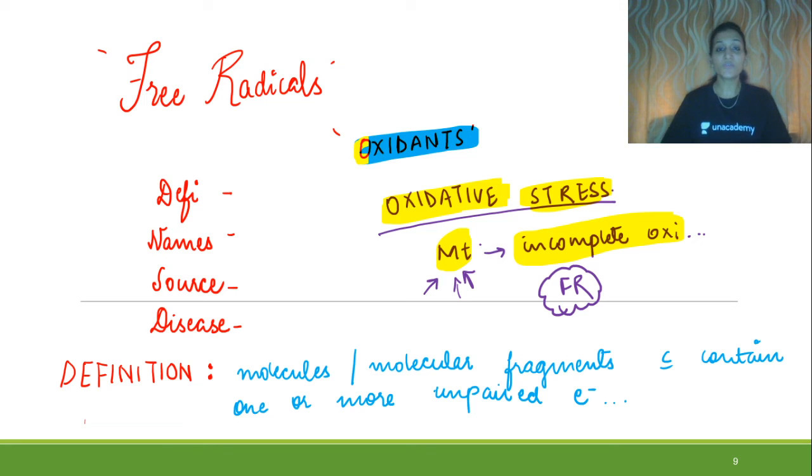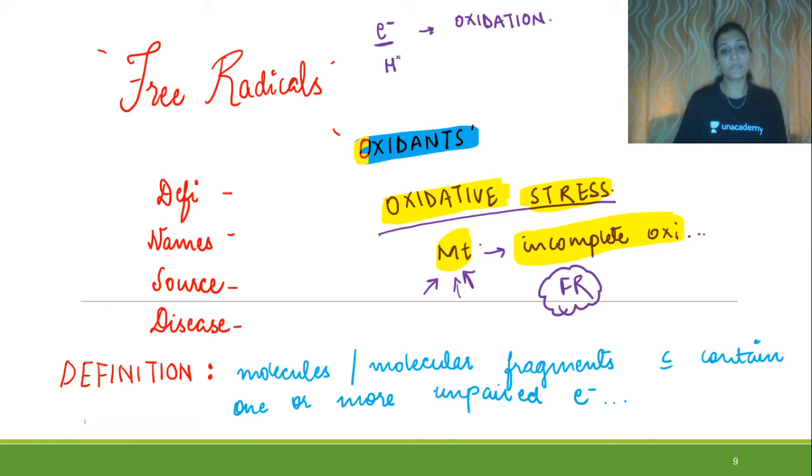So we also need to know the mechanism of action of these free radicals. One more thing that we should know is unpaired electrons. If there are unpaired electrons, it will lead to oxidation. That's why they are also called oxidants.